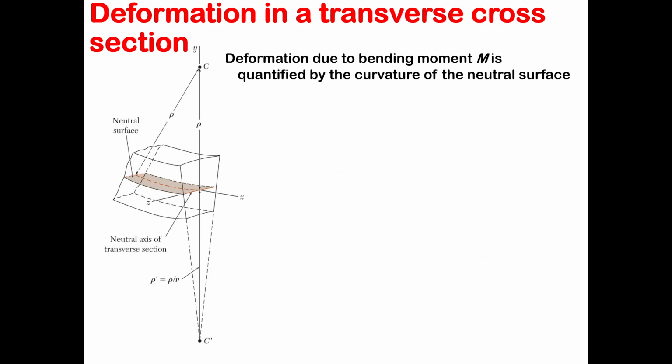It's also very important to keep in mind that when you have a bending moment that is going to bend your beam in this direction, right, you will definitely have a deflection or deformation in the transverse cross section, right?